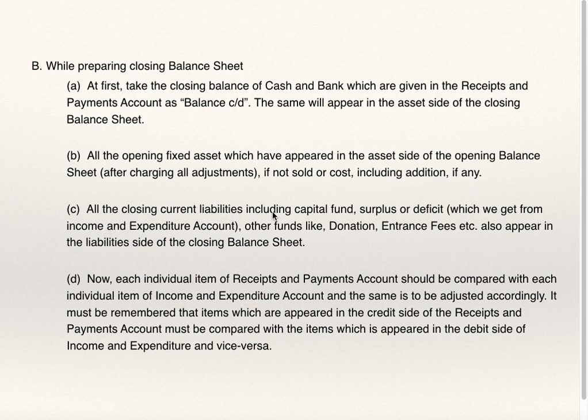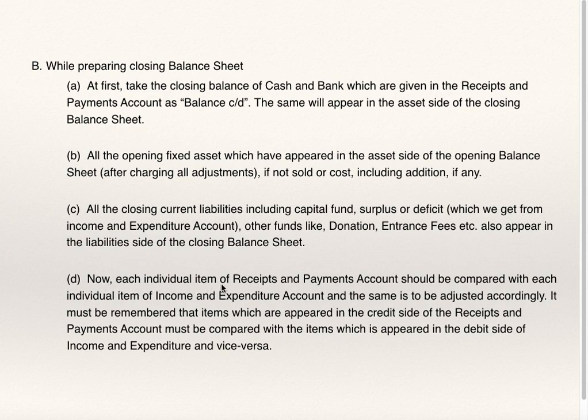All the closing current liabilities, including capital fund, surplus or deficit which we get from income expenditure account, and other funds like donation, entrance fees also appear in the liability side of closing balance sheet.